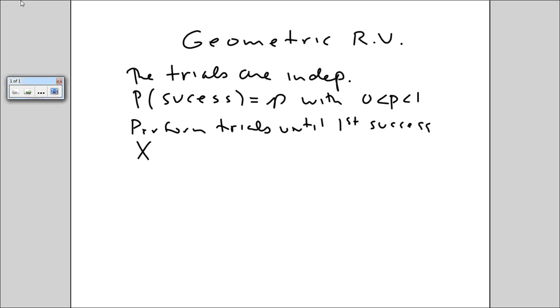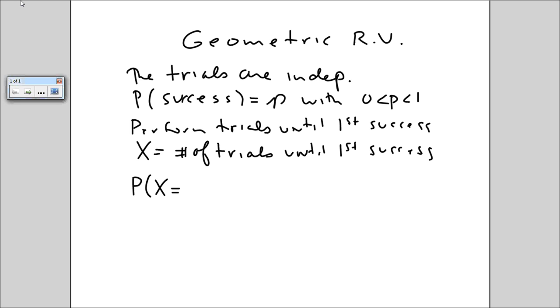Let the random variable X equal the number of trials until the first success. Okay. So, what is the probability that the number of trials is n? Well, if you think about it, the last trial is going to be a success. That happens with probability p.